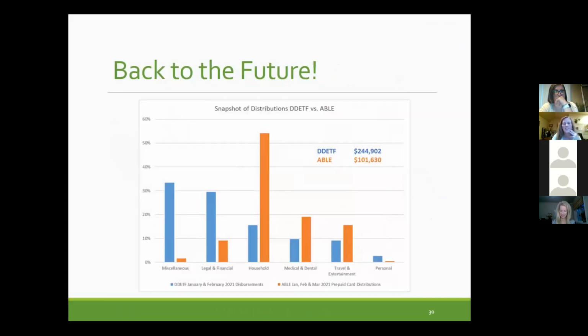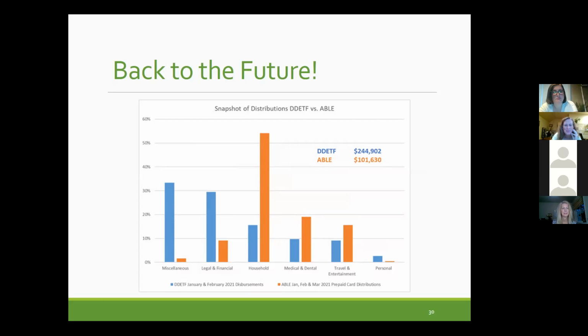This slide I like to show shows how households are actually spending the money, and the ABLE is the big orange bar in the middle. That's household expenditures, we're talking about groceries and those household expenditures. And you can see that folks are using their ABLE account to do that, which is perfectly legit.